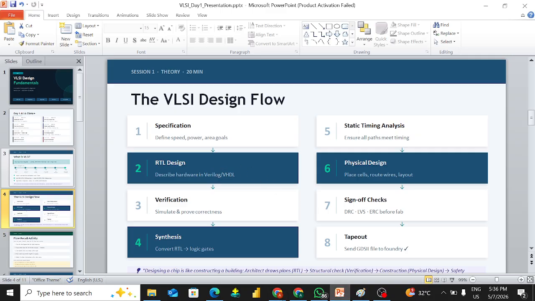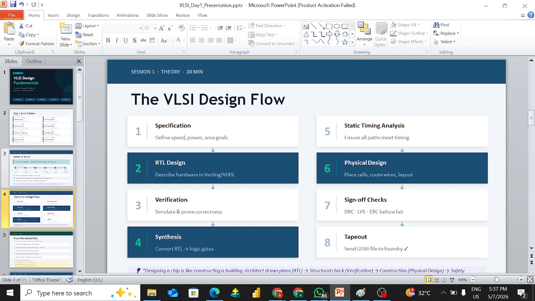The second step is to write the RTL design code using Verilog. Verilog describes the behavior of hardware. And the third step is verification. We need to verify the code to find the bugs in it, internal bugs.